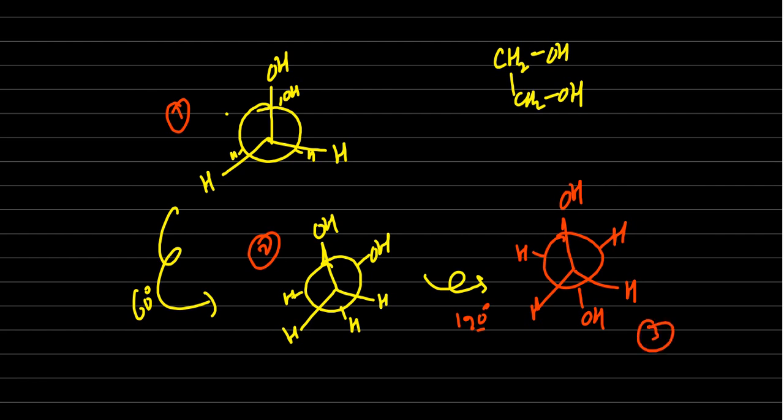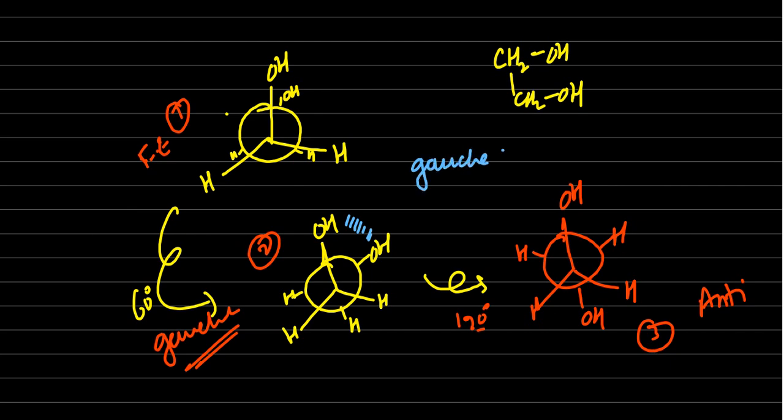Generally, what happens? Anti is more stable. This is the anti. This is the fully eclipsed. This is the gauche. Right? So which is more stable? Generally anti is more stable, but here, due to the hydrogen bond, gauche is more stable.